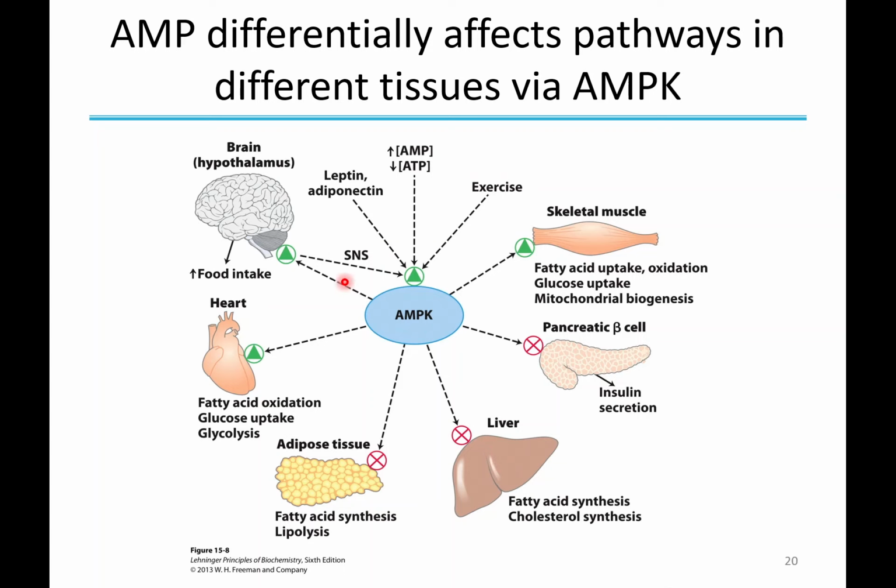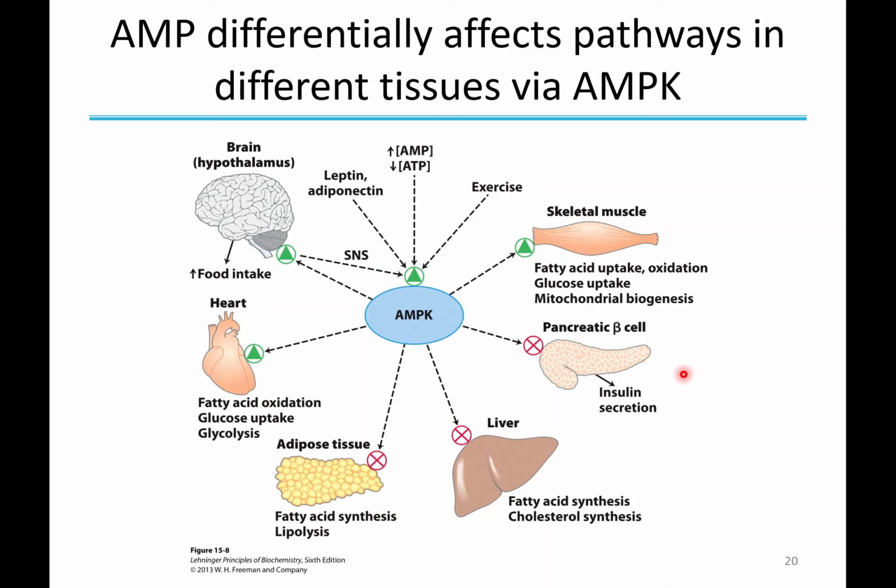because if you have higher AMP and lower ATP, you're at a state where your body needs energy, so it doesn't make sense to waste energy to build up fatty acids or cholesterol, right? You need to be breaking them down for energy. Okay.